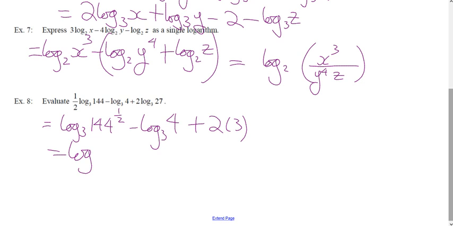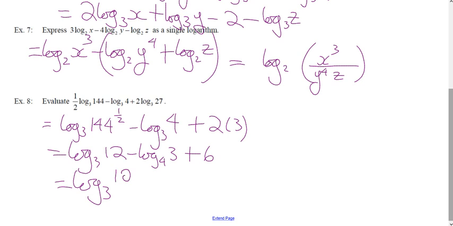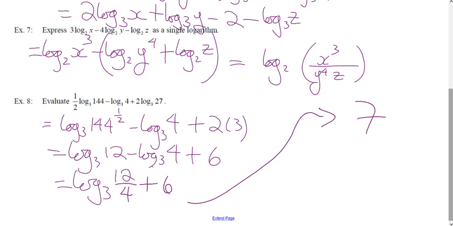So what's 144 to the 1/2? Yes, we expect you to do that without a calculator. 12. Yeah. Minus log base 3 of 4 plus 6, okay, which is log base 3 of, no, it's 4. No, that's a 3. Hang on. So 12 over 4. 7. I don't want to drag it out any longer.